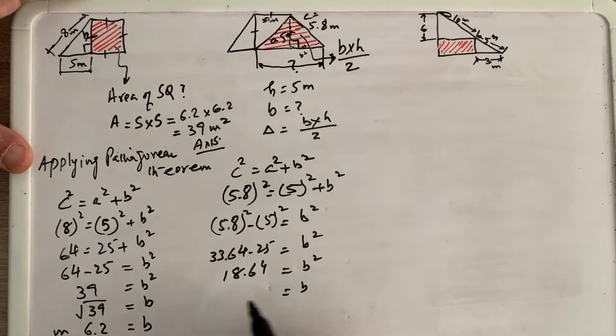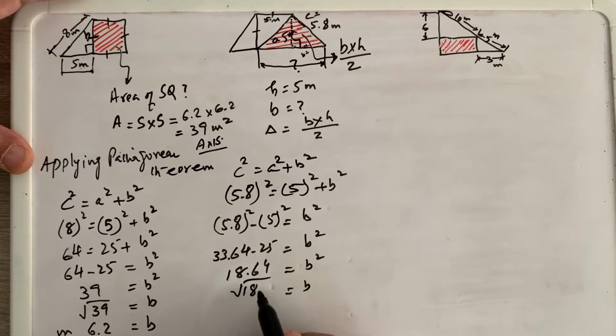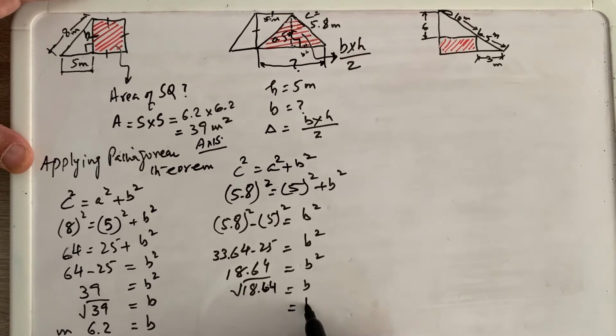Then you take the root of this 8.64, and then you have b as 2.94.